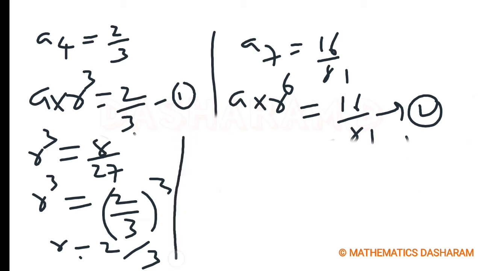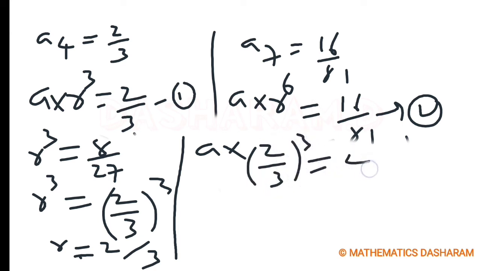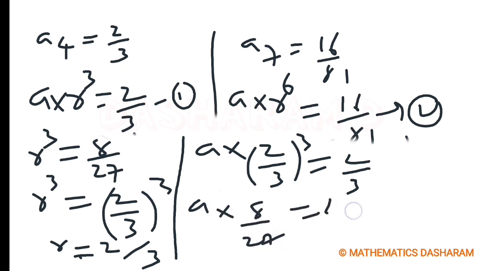So now substitute the r value in either equation 1 or equation 2. I am substituting in equation 1: A into (2 by 3) whole cube equals 2 by 3. So A into 8 by 27 equals 2 by 3. So let's find the A value here. 8 by 27 is transposed to the RHS.